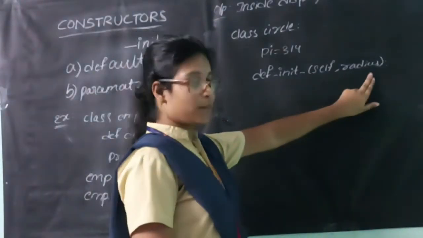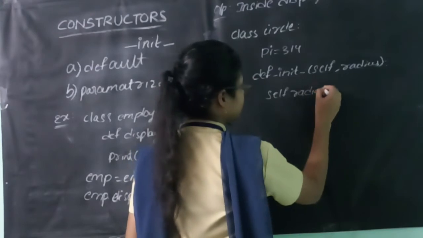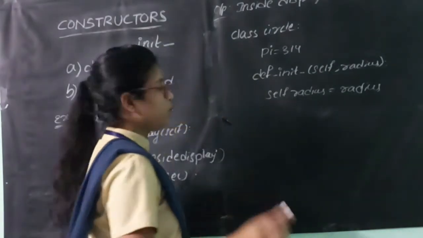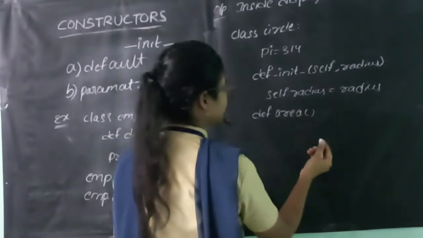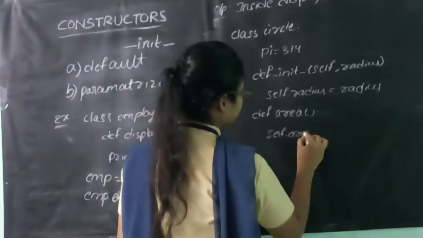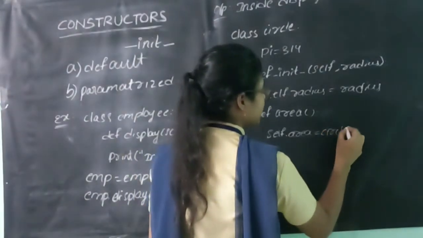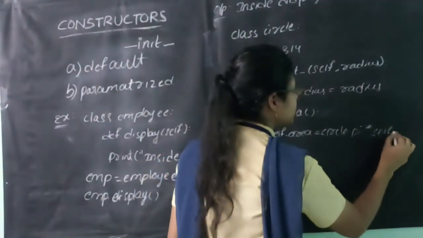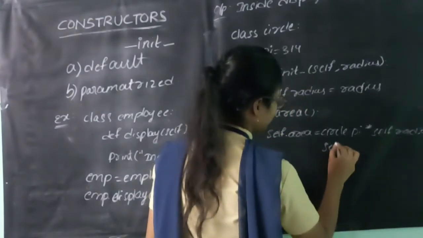Here self comma radius, and now self dot radius is equals to radius. Now I am going to define area. Now self dot area is equals to, we all know the area of the circle formula, Circle dot pi star self dot radius star self dot radius.